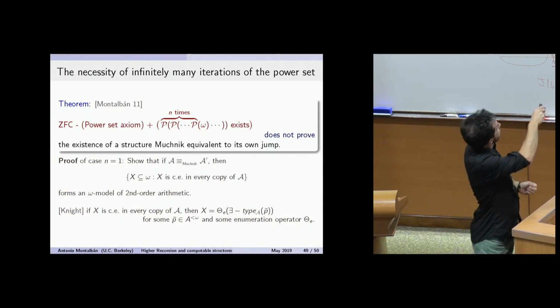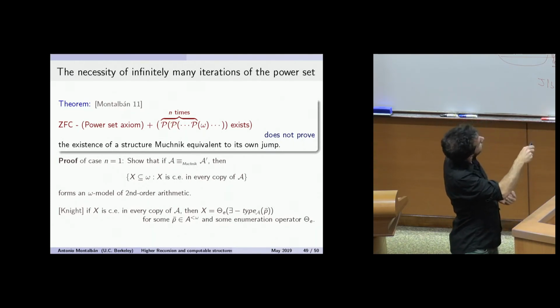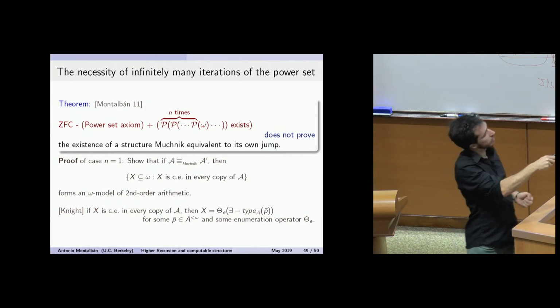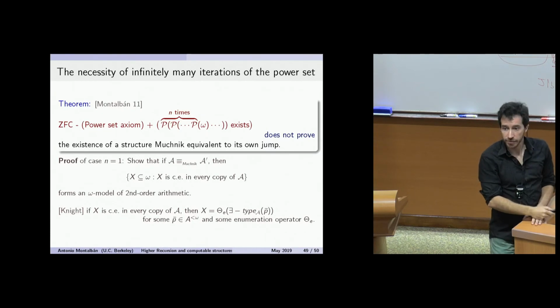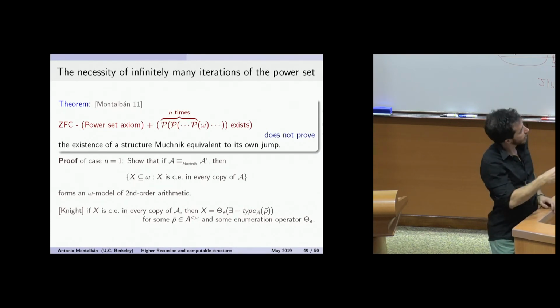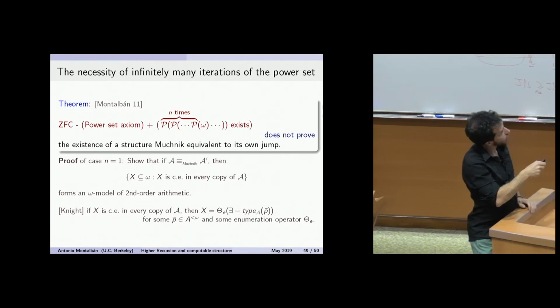is a theorem of Julia Knight that says that if x is c.e. in every copy of A, then x is enumeration reducible to some existential type of some tuple in A. So if you're always c.e. in every copy, then there is an existential type such that you're enumeration reducible to it.